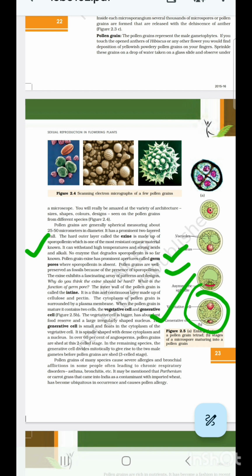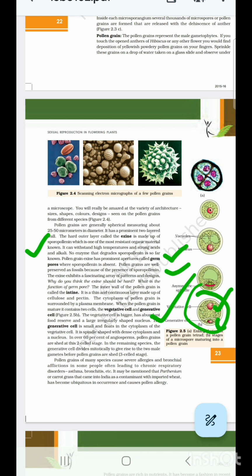The generative cell is small and floats in the cytoplasm of the vegetative cell. So it is the vegetative cell which is larger and the generative cell which is small. Then the generative cell has a spindle shaped nucleus and dense cytoplasm.